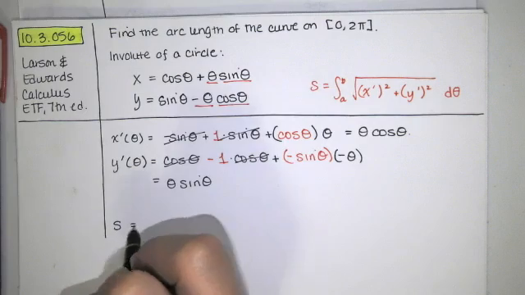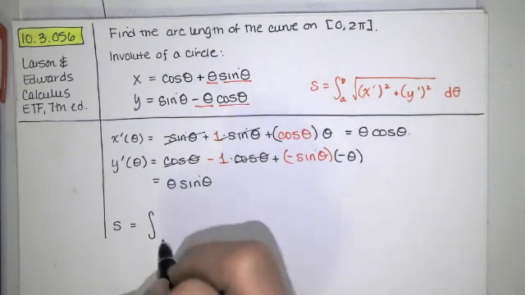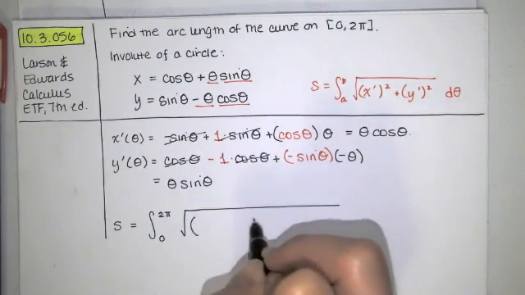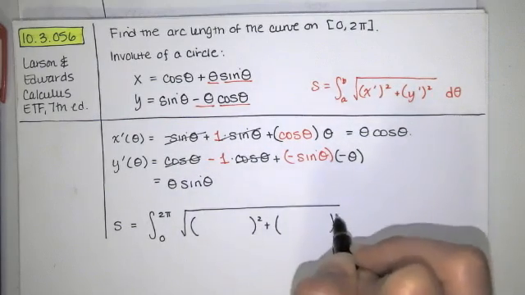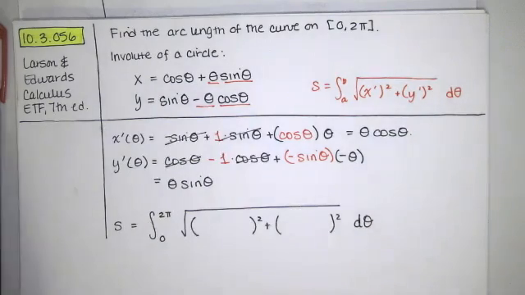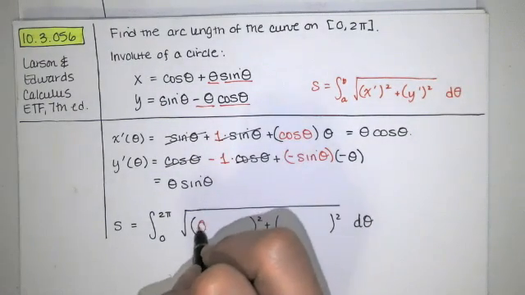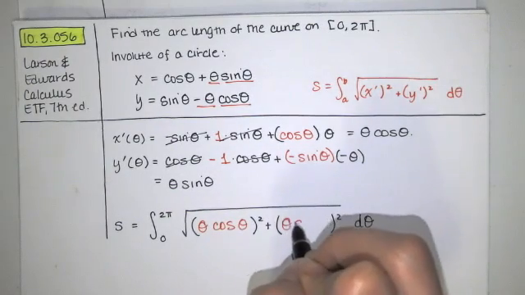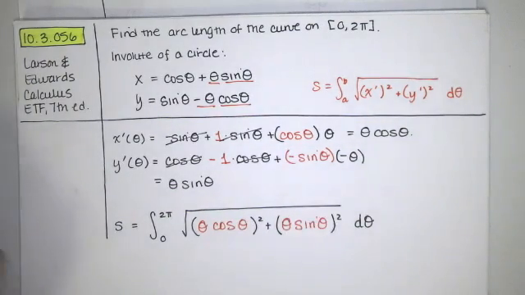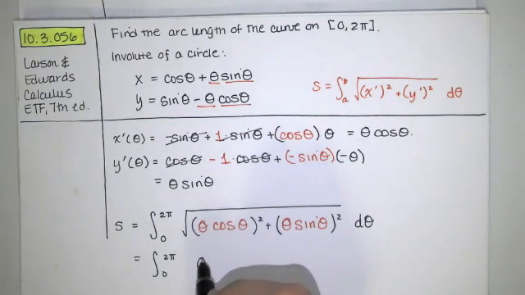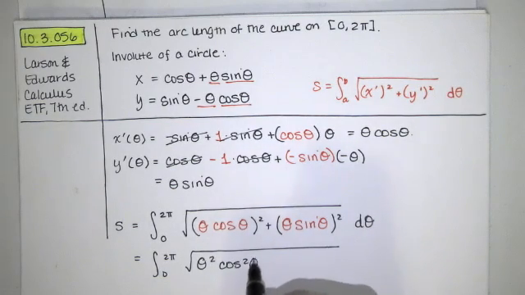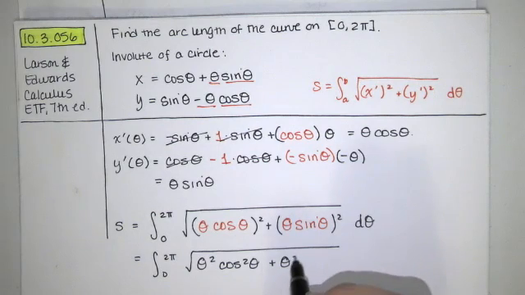So we'll just substitute everything in. We've got the integral from 0 to 2 pi of the square root of x prime squared plus y prime squared with respect to theta. And x prime is theta times cosine of theta, and y prime is theta times sine of theta. And when we square those, we end up with theta squared times cosine squared theta here, because you square both factors separately.